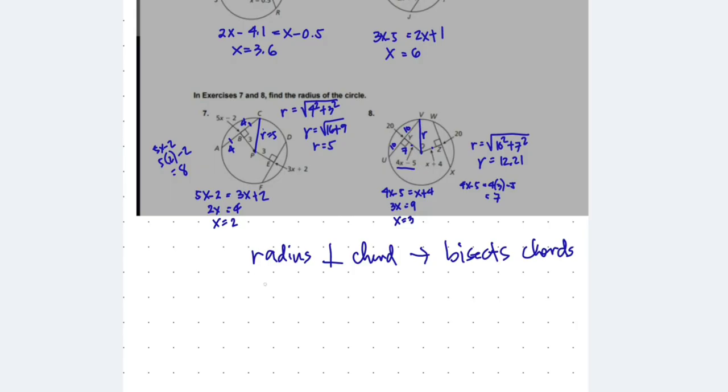Then center to chord perpendicular, that one is the shortest distance.